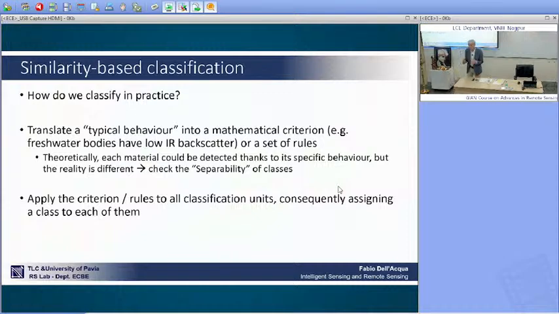Now, let's make the connection. Why are we interested? After all, our interest is in information classes, right? By definition, we are interested in information classes. Why do we investigate spectral classes?